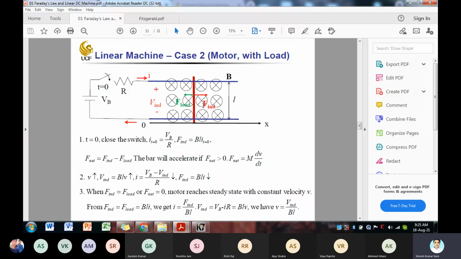Taking F induced as positive and F load as negative, we can see the net force is F induced minus F load. The bar will accelerate if F induced is greater than F load, or F net greater than 0.